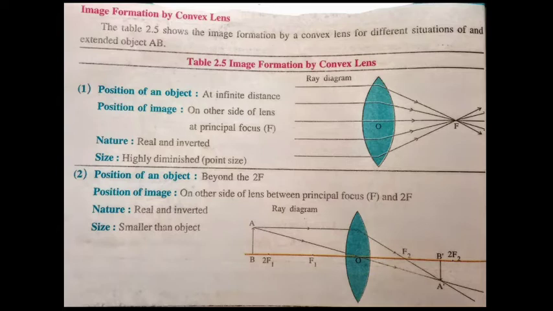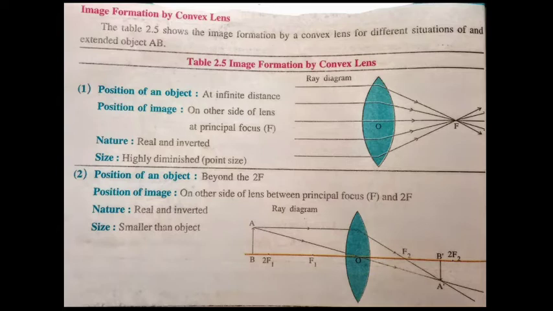The second figure indicates the object is beyond 2f. So, what is the position of the image? It is on the other side of the lens, between principal focus F and 2f. The nature of the image is again real and inverted. The size is smaller than the object. In this figure, let us take the object AB beyond 2f1.